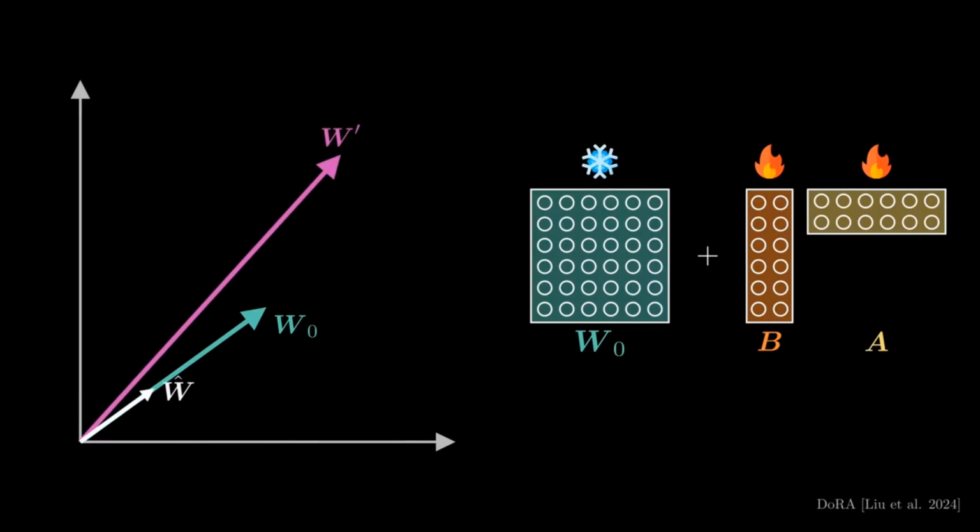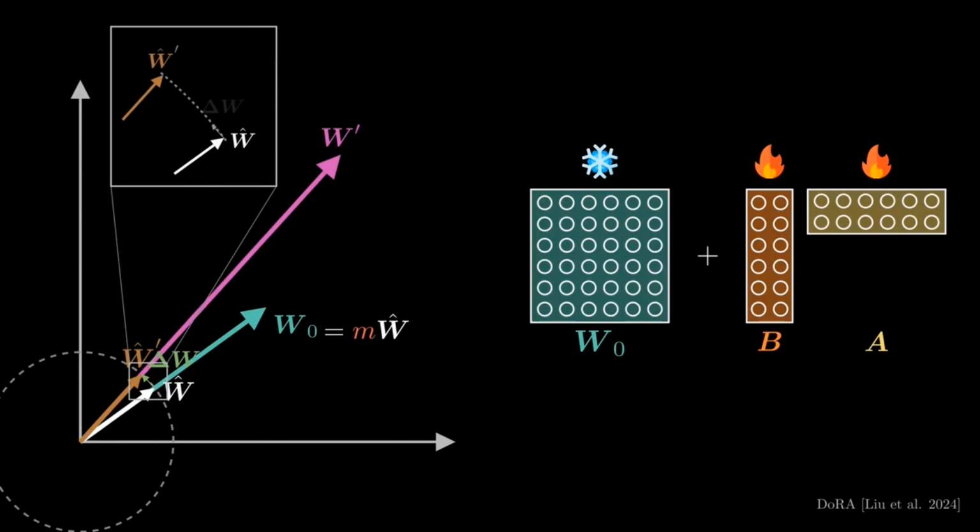In this case, the new weight W prime results from slightly adjusting the direction and increasing the length. However, LoRA couples changes in direction and magnitude, so it cannot control them separately. So the key idea is to learn to correct the direction and flexibly update the magnitude separately.